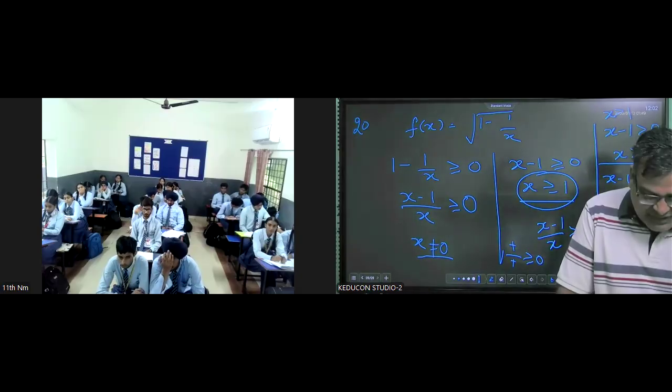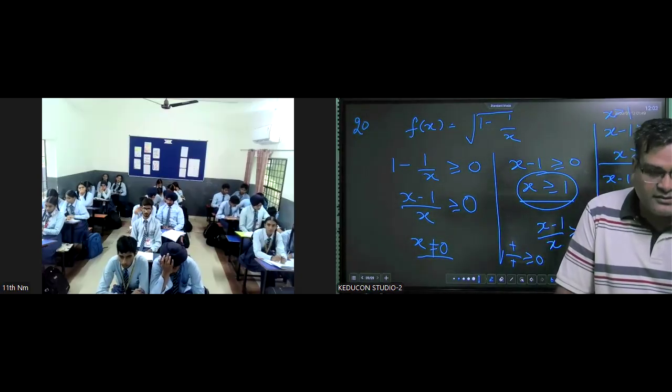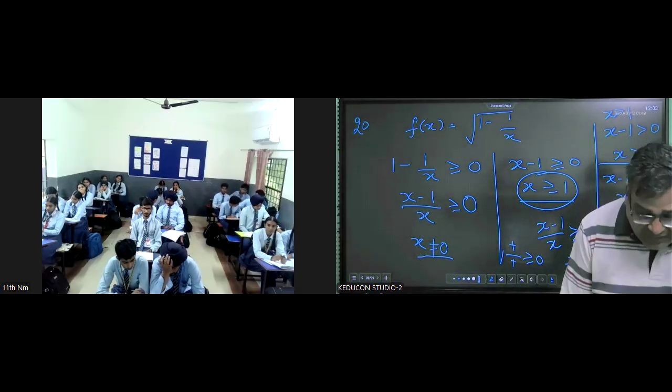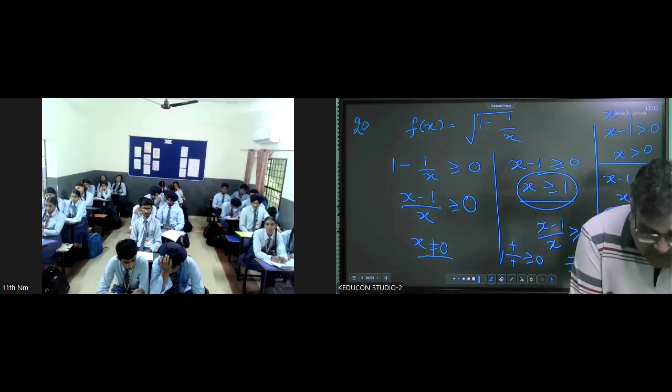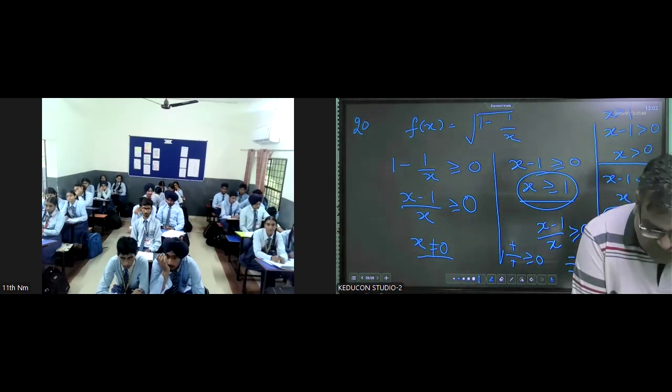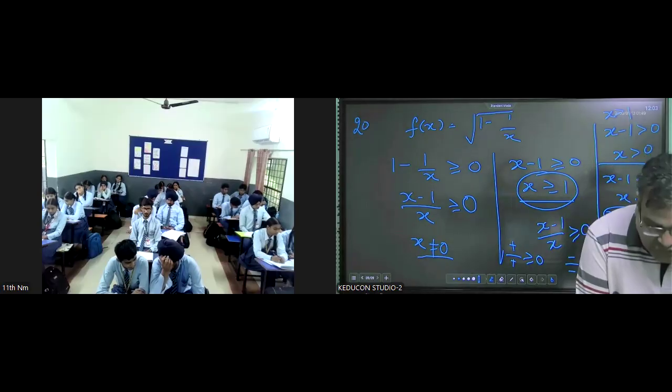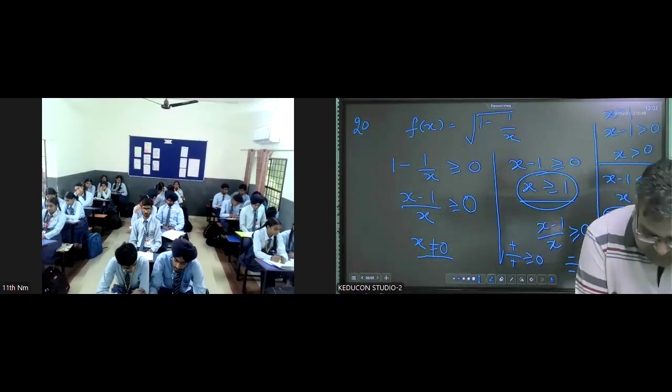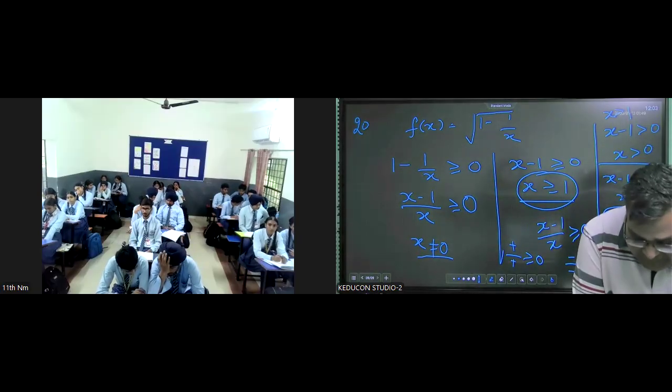Yes, tell me which answer will be there. जी, डी ऑप्शन आएगा बेटा, डी ऑप्शन, क्योंकि 0 से लेसर, 0 इंक्लूड नहीं हो सकता और 1 से ग्रेटर होना चाहिए. सो वी विल हैव डी ऑप्शन.